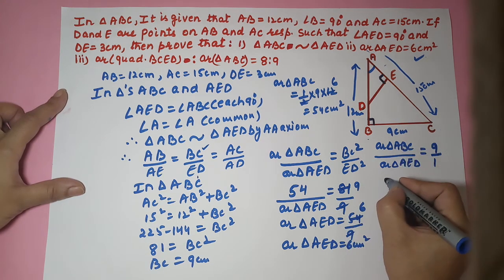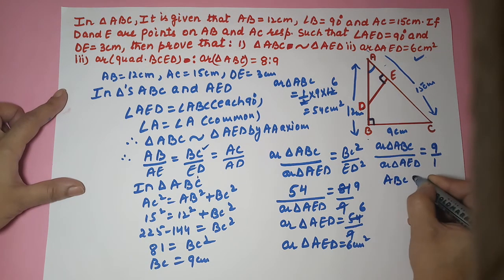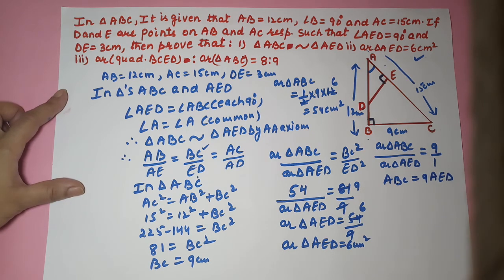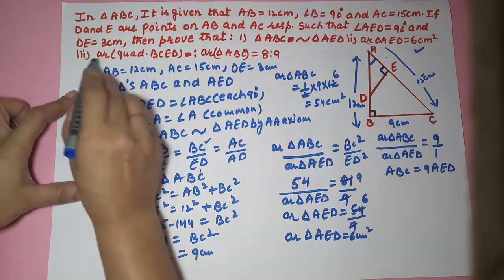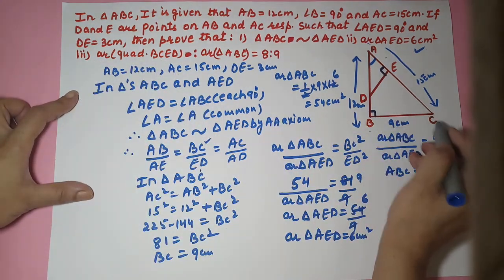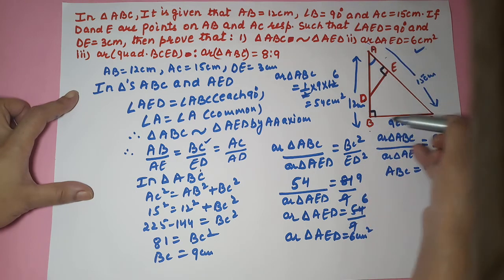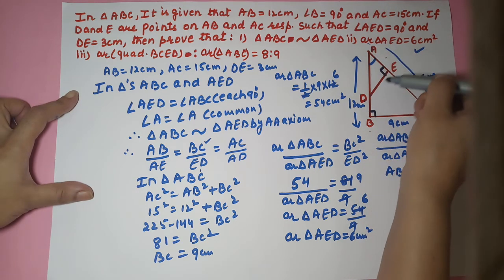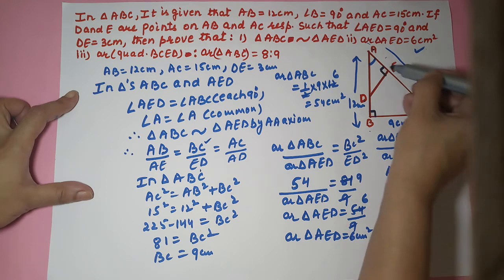So that gives me ABC is equal to 9 times area of triangle AED, right? Now let me set this ratio. What is this saying? How do I write area of quadrilateral BCED? If I subtract from triangle ABC area of triangle ADE, I will get BCED.